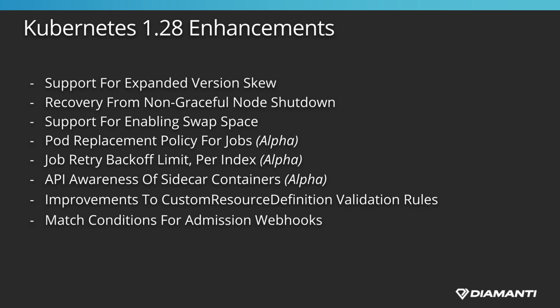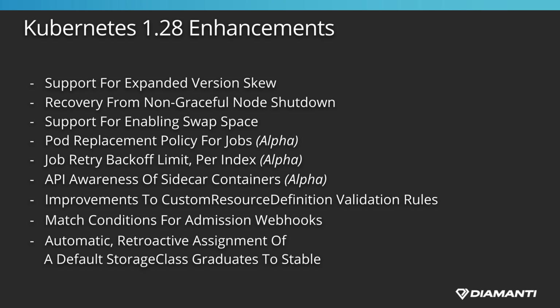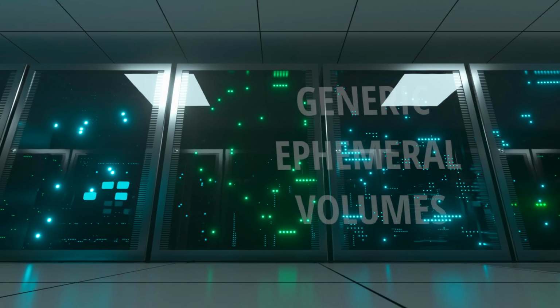Now you can specify match conditions for admission webhooks, narrowing the scope of when Kubernetes makes a remote HTTP call at admission time. PVCs without an assigned storage class will now be retroactively updated to include the default storage class, so they don't get stuck in an unbound state, and storage provisioning works seamlessly.